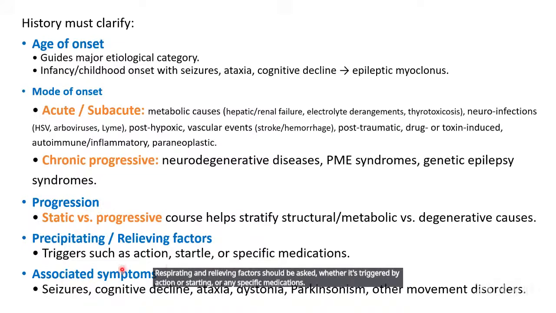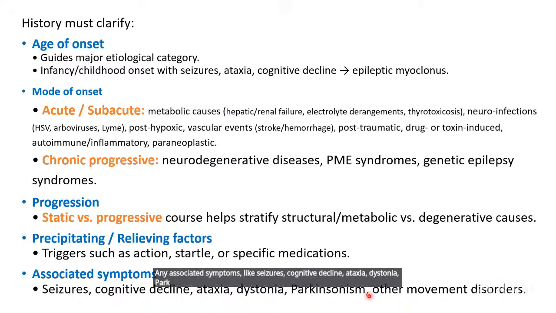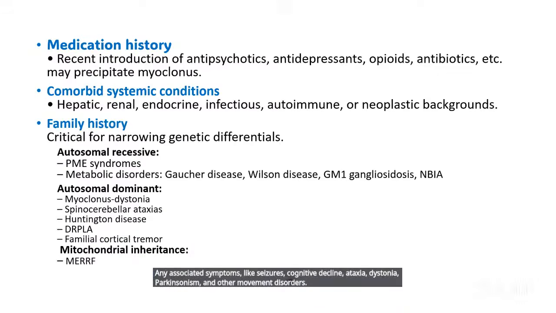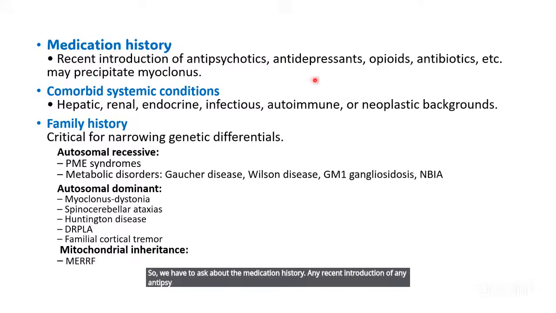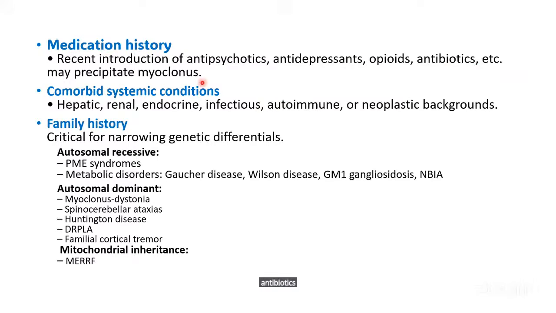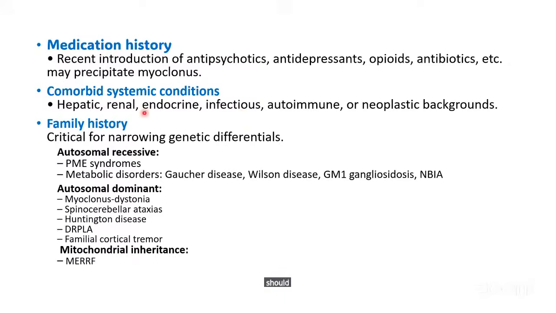Any associated symptoms like seizures, cognitive decline, ataxia, dystonia, Parkinsonism, and other movement disorders. We also have to ask about medication history. Any recent introduction of antipsychotics, antidepressants, opioids, antibiotics, etc., may precipitate myoclonus. Comorbid systemic conditions like hepatic, renal, endocrine, infections, autoimmune, or any neoplastic background should also be checked.